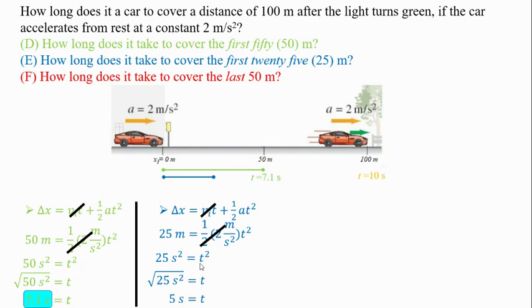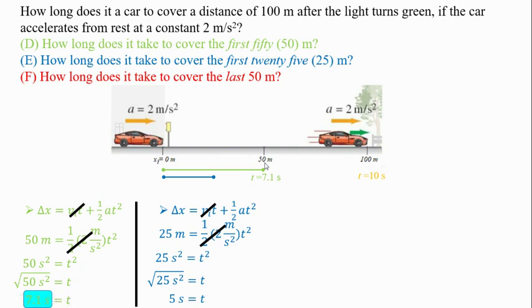Okay. What I do want to point out is this. Kids often have a misconception about motion. We know that it takes 10 seconds to cover 100. So sometimes, because kids don't understand what happens when a car or an object accelerates, when they ask for the time to cover the first 50, kids will often just take 10 and divide it by 2 because it's half the distance.